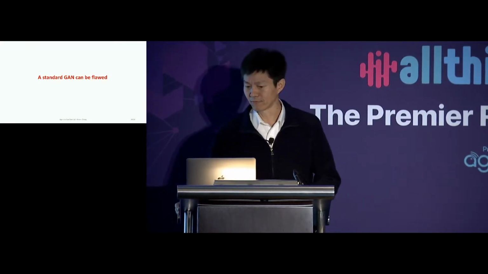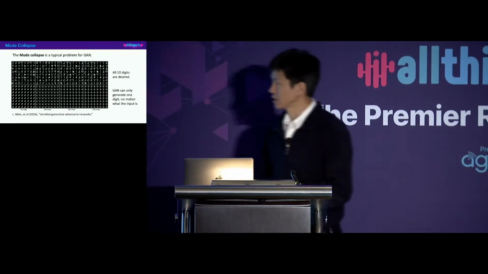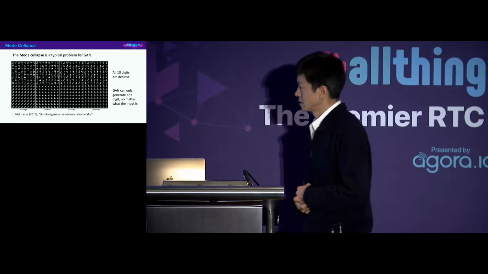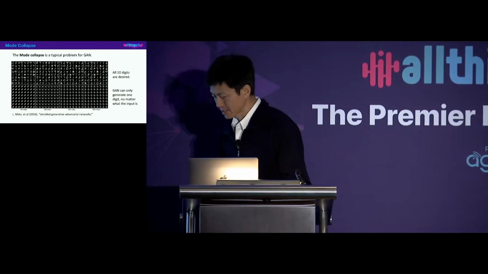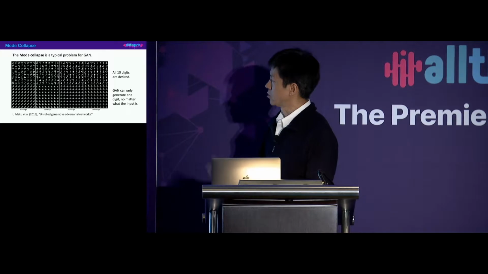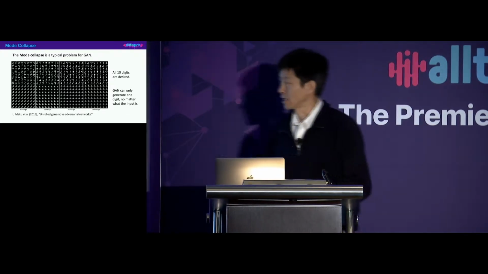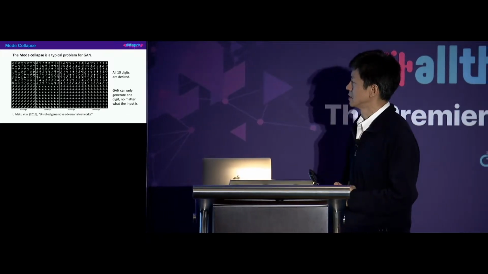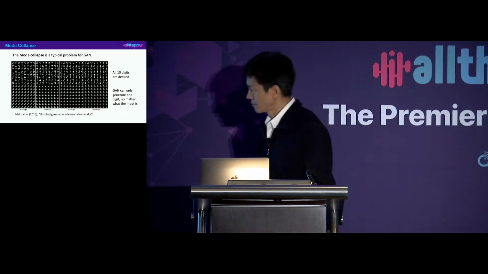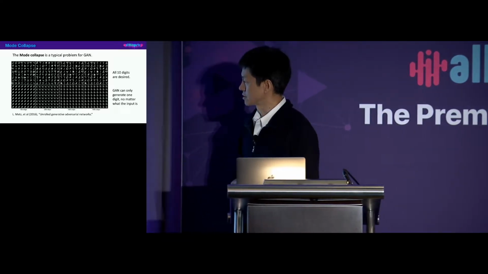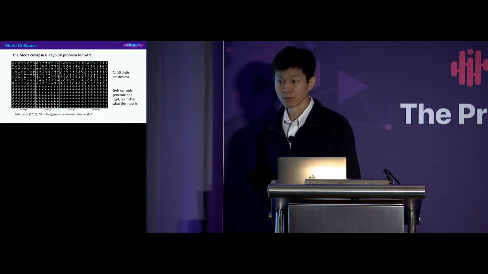Let's take a couple of examples. The first one is called mode collapse. In this example, the task is to generate all 10 digits, as the top row shows. However, a standard GAN model can only generate one digit, no matter what the input is.